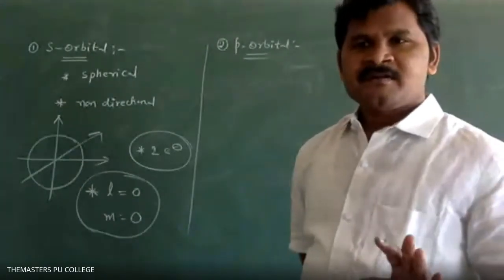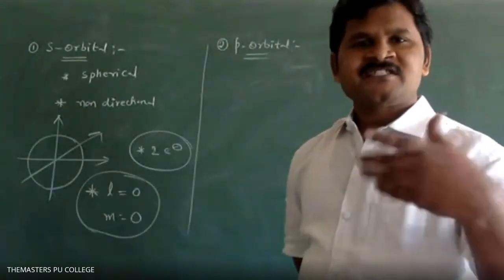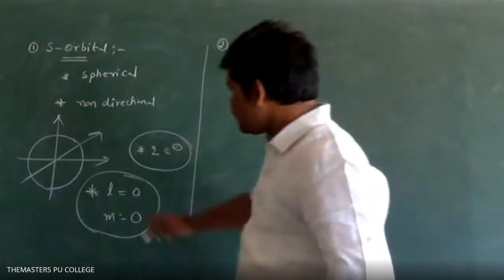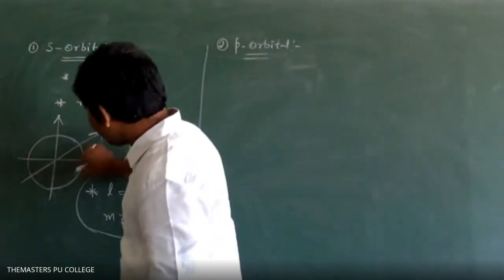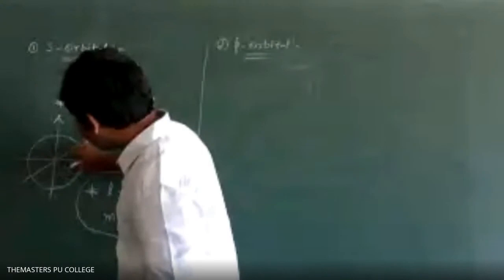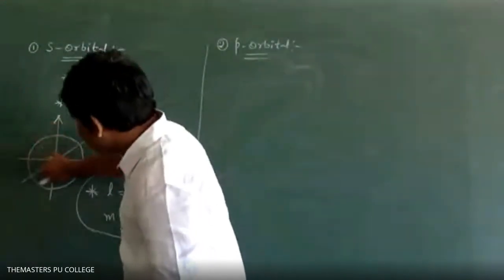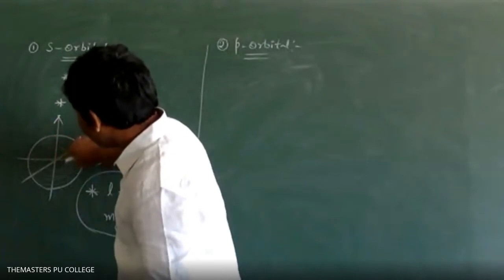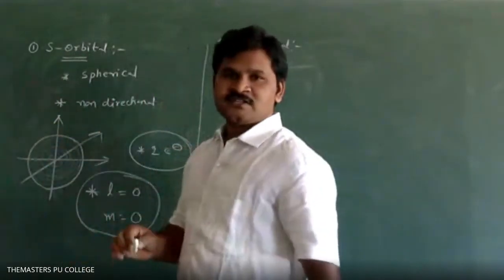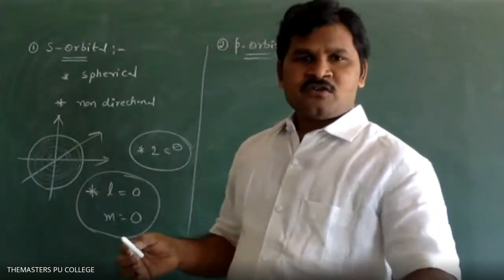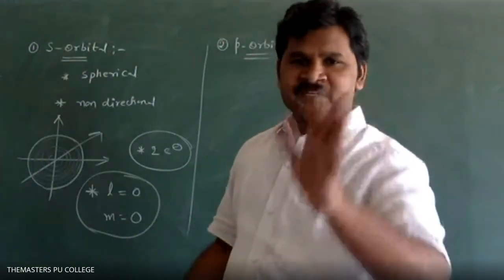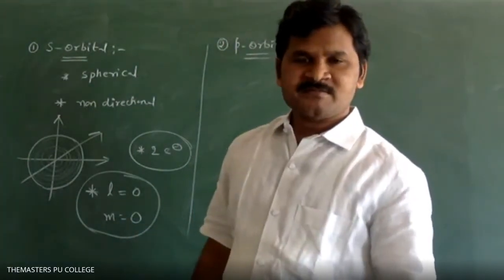Please remember, nodal plane for s orbital is 0. Why? Because in s orbital, in this total circle shape, electron is present. So no nodal planes are possible in s orbital.